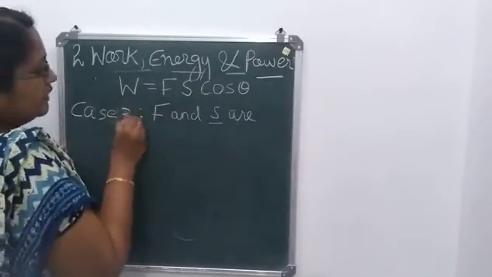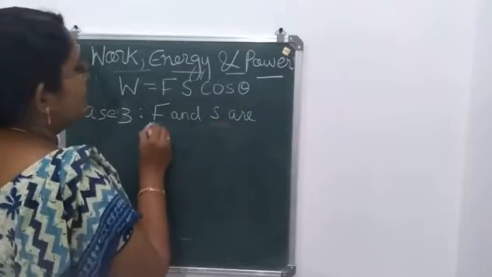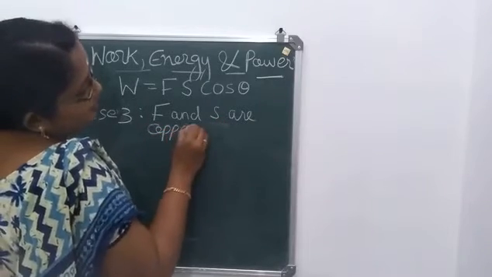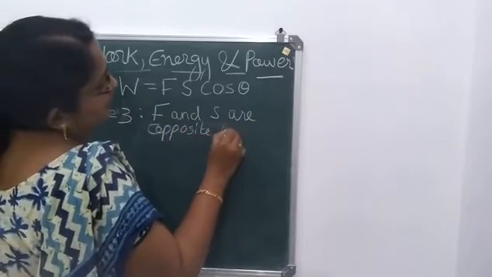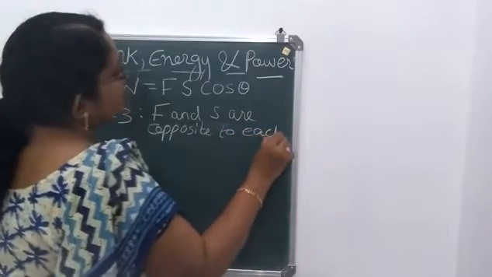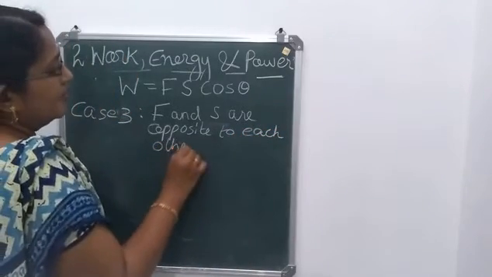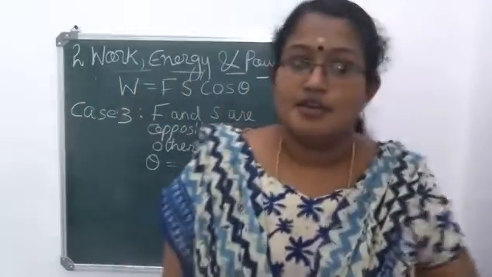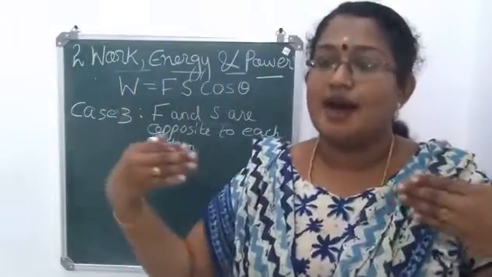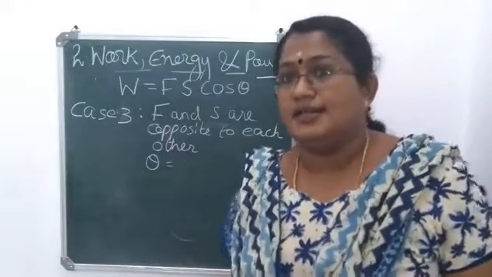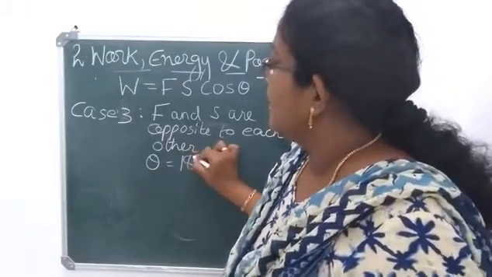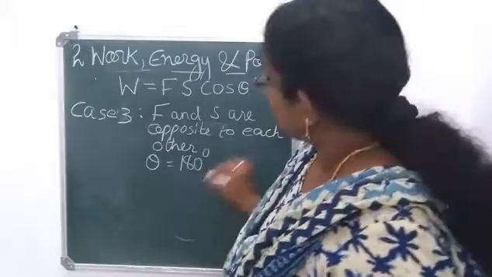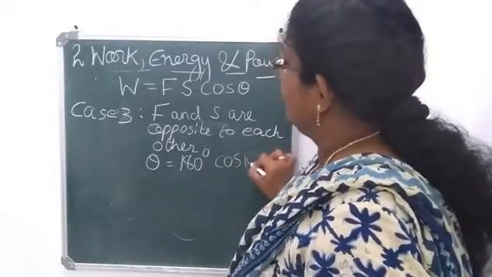Now we will move to case 3. Force and displacement are opposite to each other. If force and displacement are opposite to each other, then what about the value of theta? Theta will be 180 degrees. Do you know how much is cos 180?